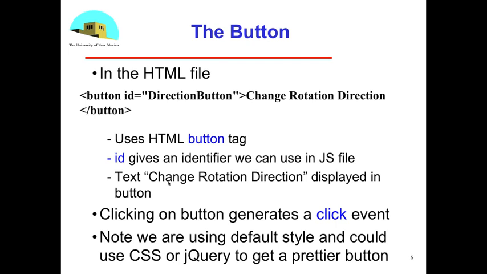Now that's going to be a default button. Within HTML there are very simple defaults for things like buttons and menus, which you may think are kind of ugly. Generally what you would do is either write some more HTML, or, what would probably be more likely if you were a web programmer, use a package like CSS, which is pretty standard, or jQuery, which is really popular for input, to make the button a little prettier.